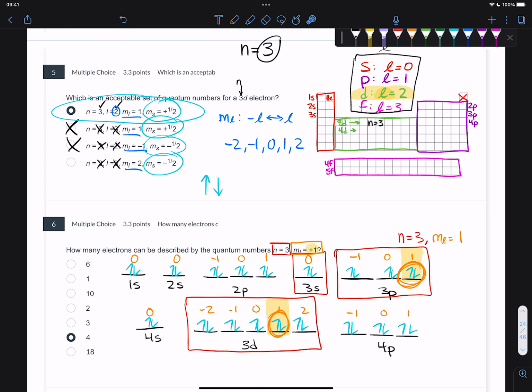It also says the ML, the orientation, has to be +1. So that actually means we have 1, 2, 3, 4 possible electrons that it fits in. Now, I personally think that the easiest way to tackle questions like this is to actually draw out an orbital diagram and realize how the numbers kind of fit in.